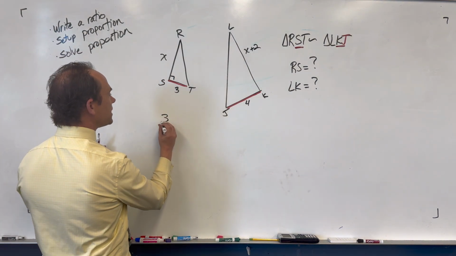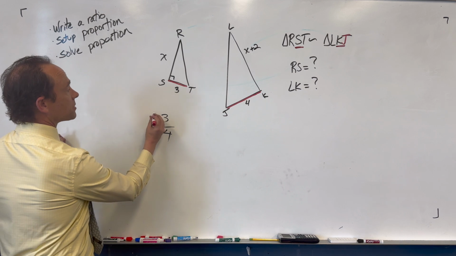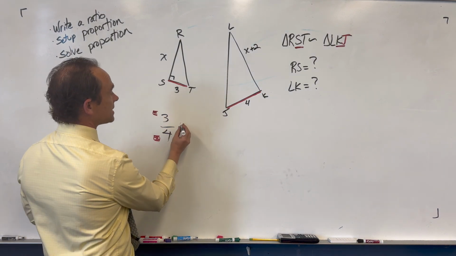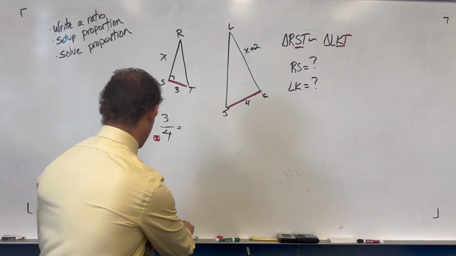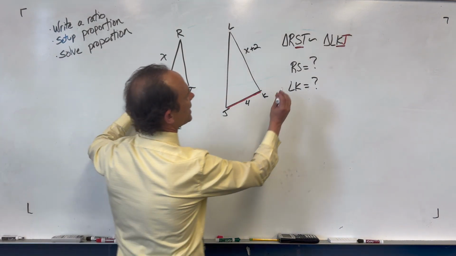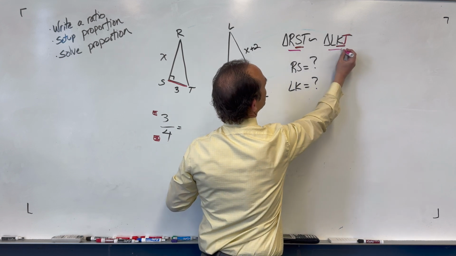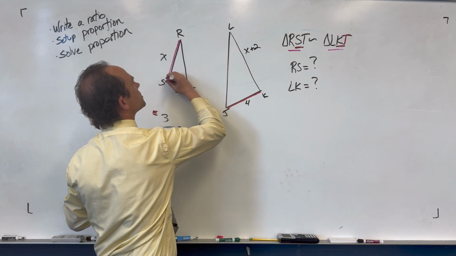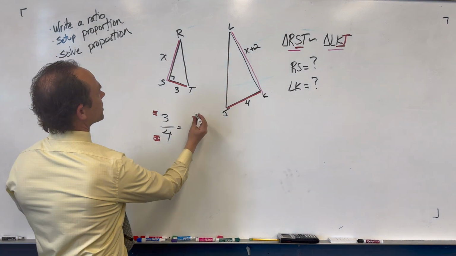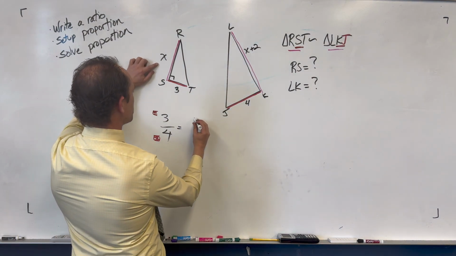So let's write 3 is to 4. These are both the maroon, is equal to. Now, hopefully these two are also corresponding. So we have RS and LK. Okay, beautiful. They're corresponding. So we're going to have proportional to.